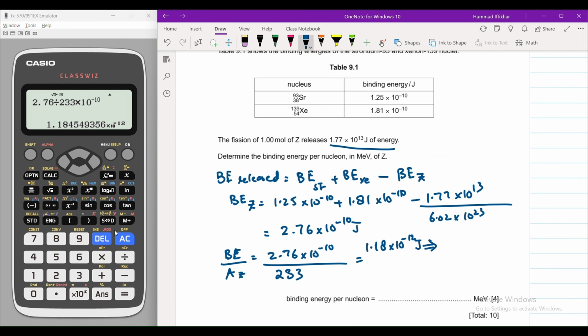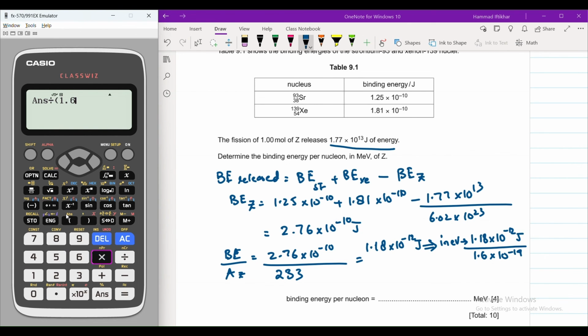We need to convert that into electron volts. We do 1.18 times 10 raised to power minus 12 joules divided by 1.6 times 10 raised to power minus 19, and we get 74.